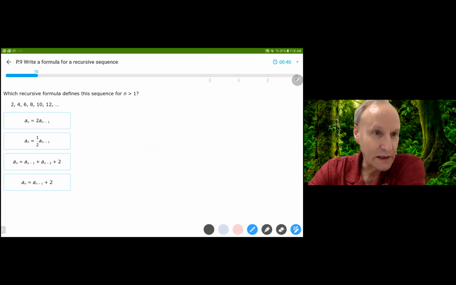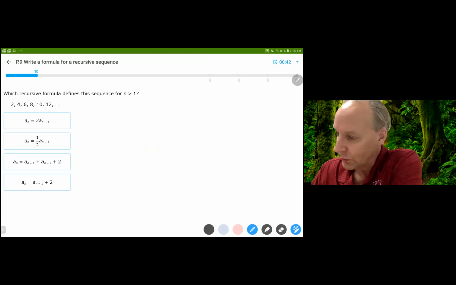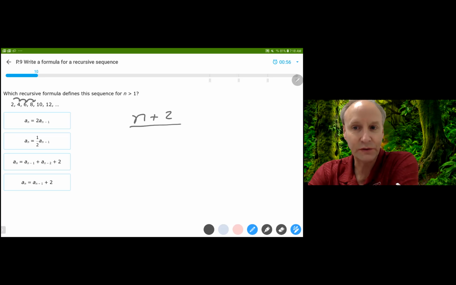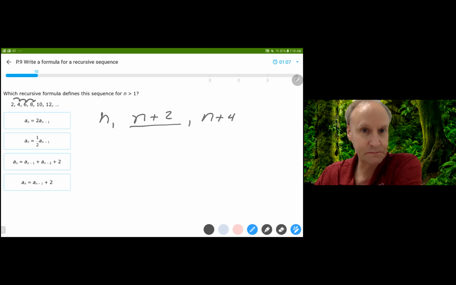Okay, so in this one, this time we have 2 more and 2 more and 2 more. For those of you who are aware, these are even numbers, aren't they? And some of you are aware, n plus 2 would be the formula if we were doing the explicit formula, which also describes even integers, n plus 2, and 2 more is n plus 4, and so on.